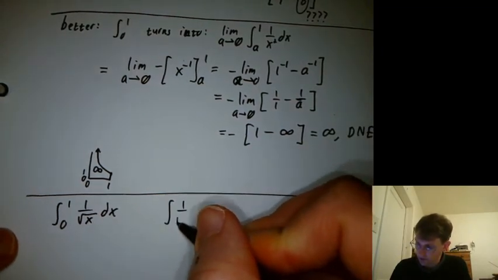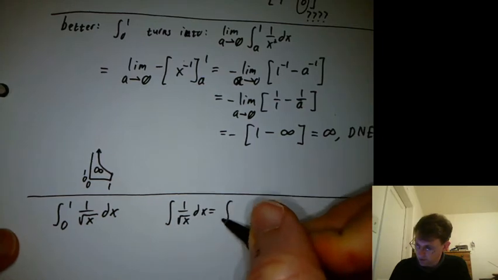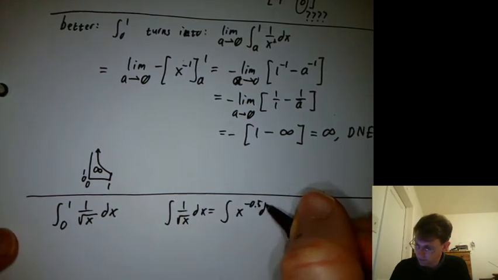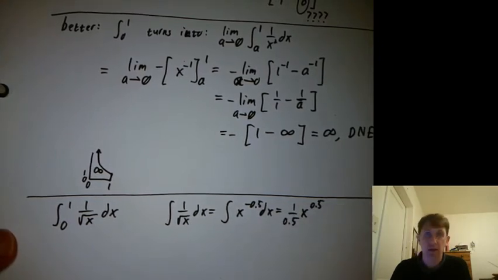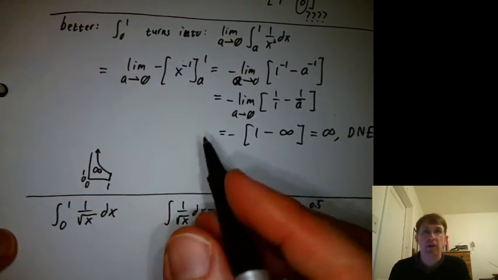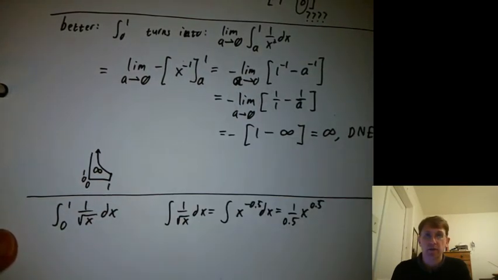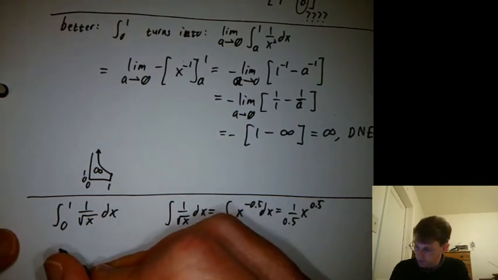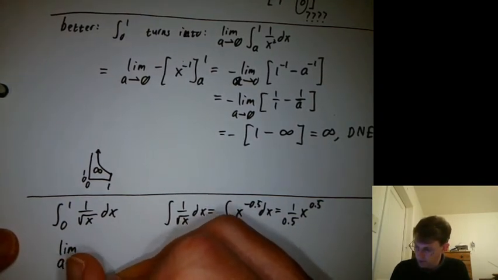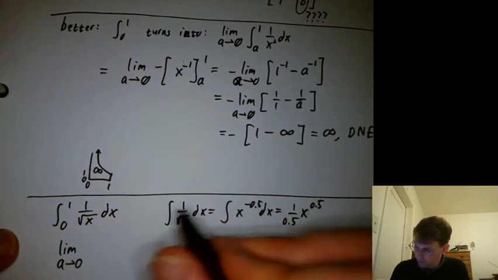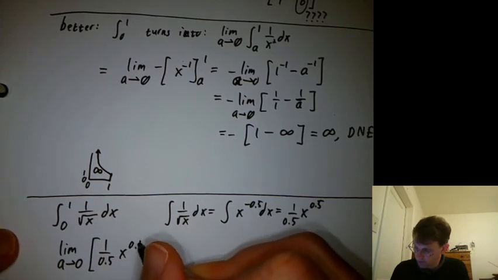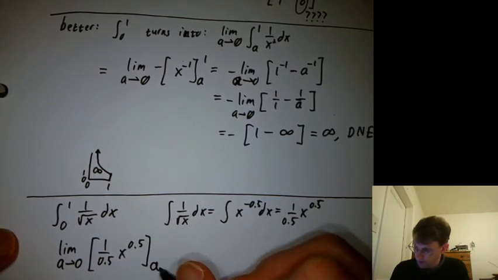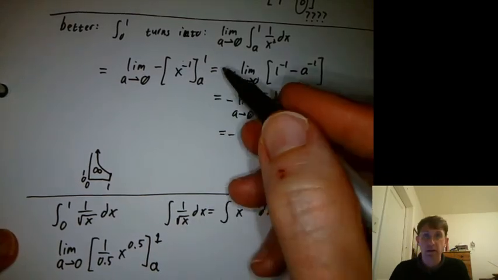Let's first do the indefinite integral. It's x to the negative half. So that's x to the positive half, times 1 over positive half. Now try plugging stuff in, see what you get. So we'll say limit as a goes to 0 of 1 over 0.5 times x to the 0.5 from a to 1, just like we did up here.